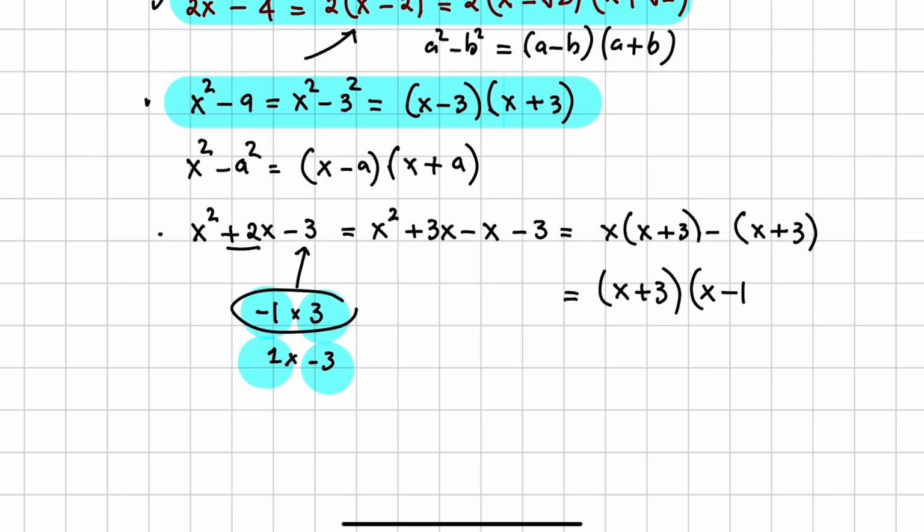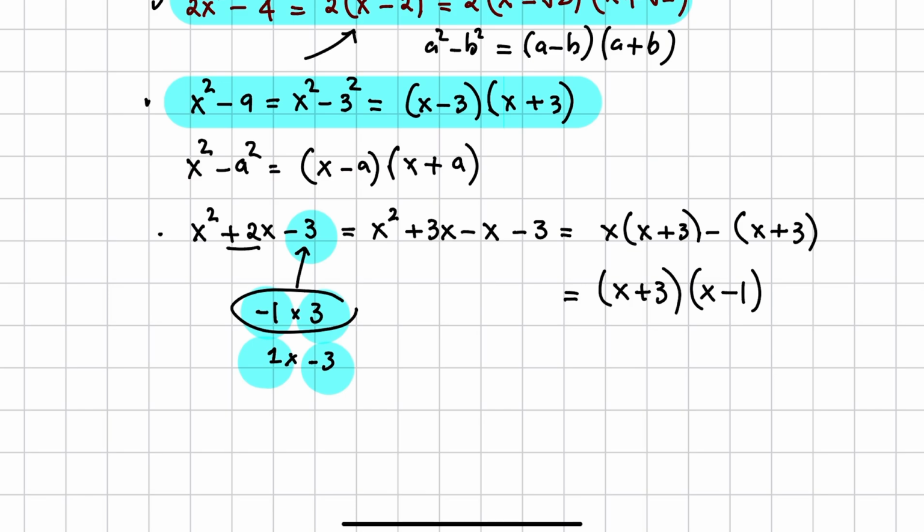This method can be used when the two numbers multiplying to minus 3 can add up to 2, but not all cases work.